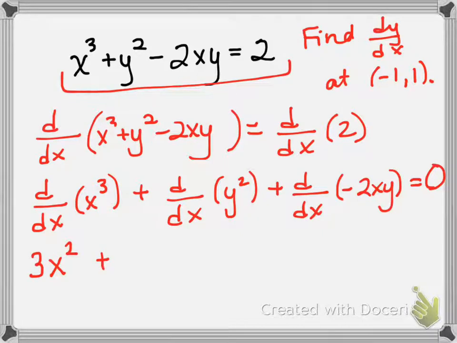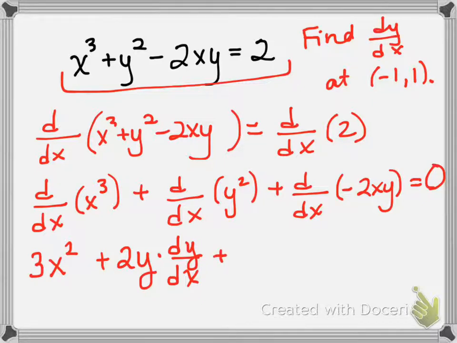Now we want the derivative of y squared with respect to x. Here we need to think of this as a chain rule. First we take the derivative with respect to y, we get 2y, and then multiply by the derivative of y with respect to x. We don't know what it is, that's what we're trying to find, but we multiply by dy dx.